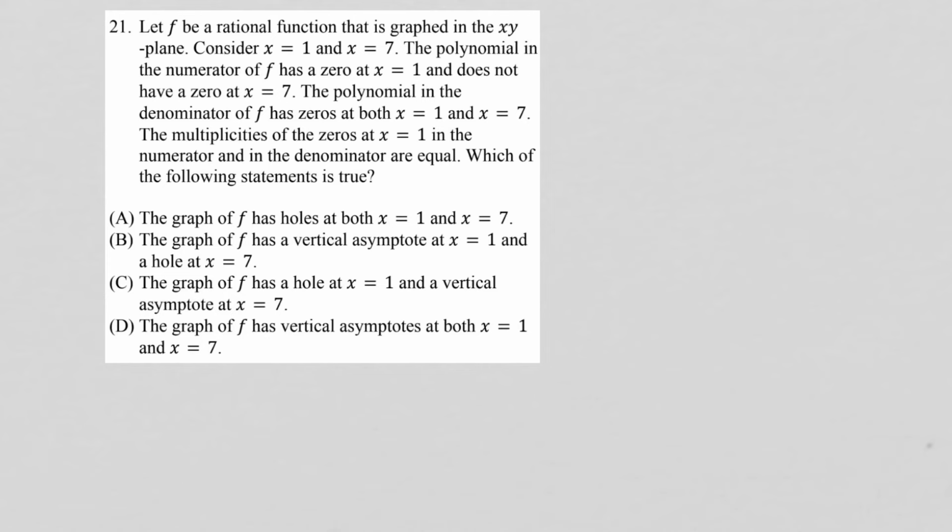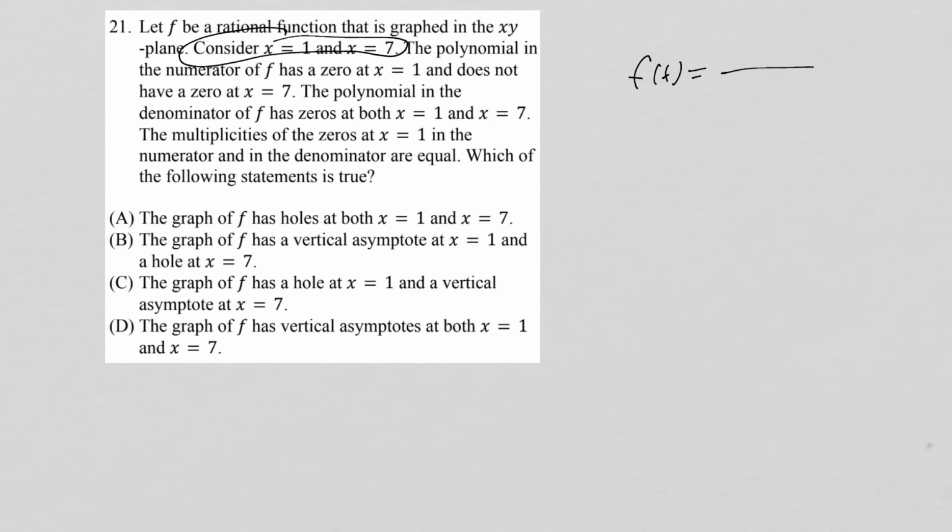Okay, 21. Rational function graphed in the xy plane, x equals 1 and x equals 7, the polynomial in the numerator. Okay, so they have some kind of function with a numerator and a denominator. Consider, this is a strange thing to say, consider. What's to consider? I don't know. They're just saying consider x equals 1.